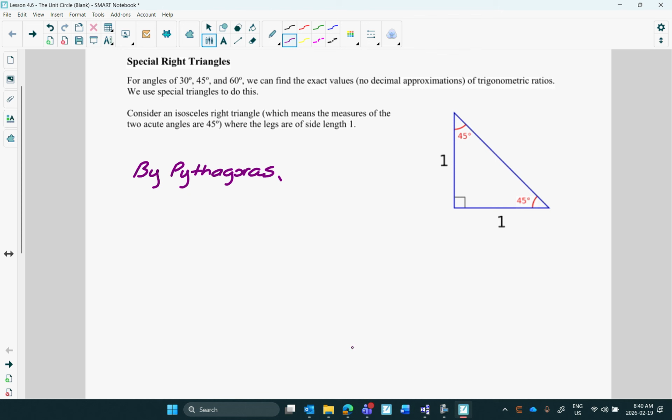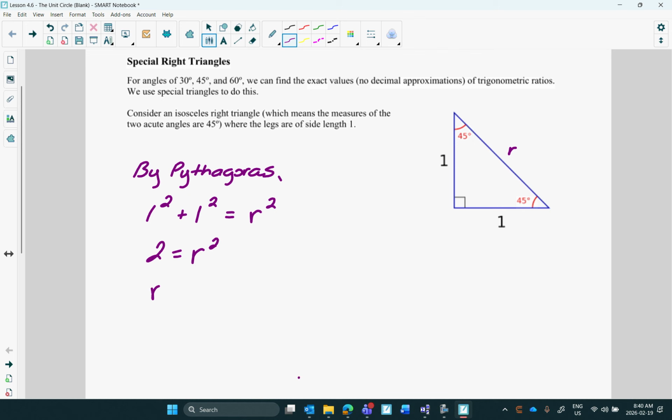And remember, when we're dealing with trig on a coordinate grid, we don't use A, B, and C, we use X, Y, and R. So x squared plus y squared is equal to the hypotenuse squared. Well, 1 squared and 1 squared is 2. So 2 is equal to r squared.